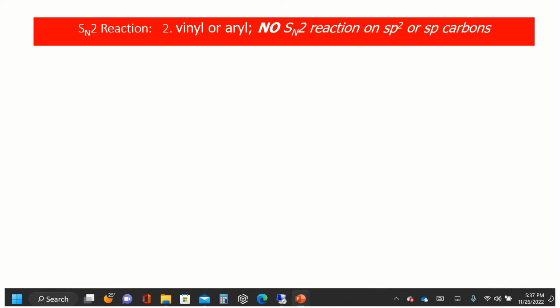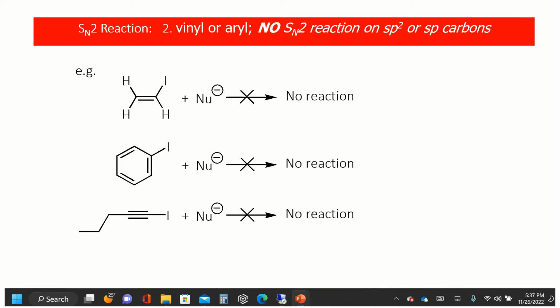So we move on and we'll talk about vinyl species, these aryl species, and so on. Note, if we have a vinyl halide, this is an sp2 carbon, and for the SN2 reaction or SN1 reaction, these alkyl halides are sp3 carbons.